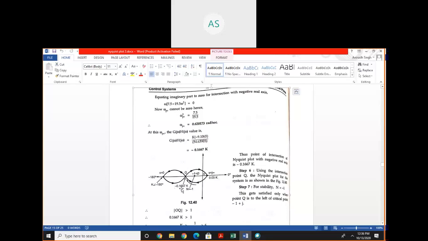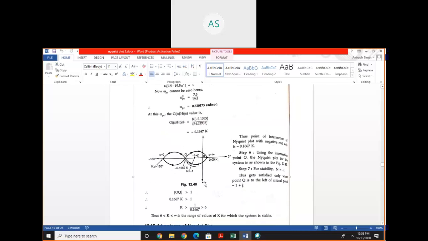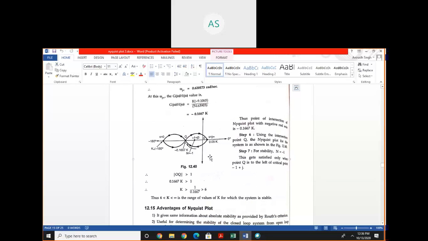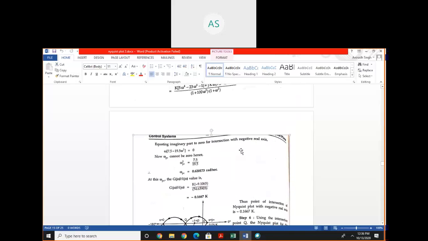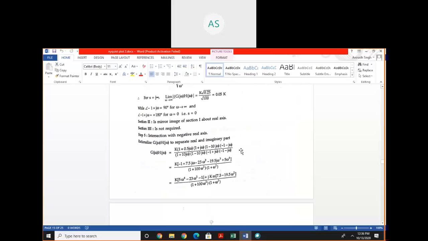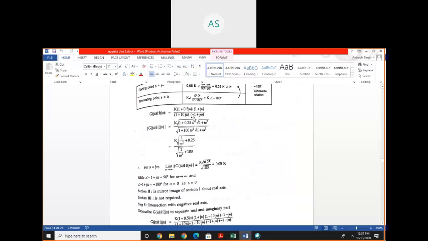Calculate the phase crossover frequency and substitute it in the real part. We get the intersection point of this Nyquist plot with the real negative axis, which is minus 0.1667 multiplied by k.